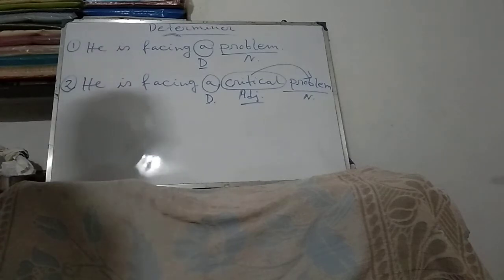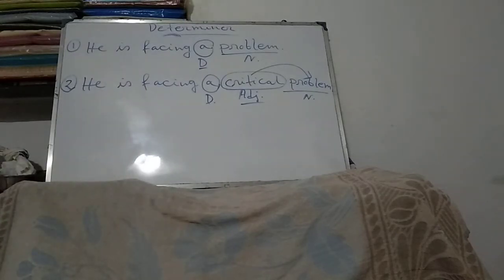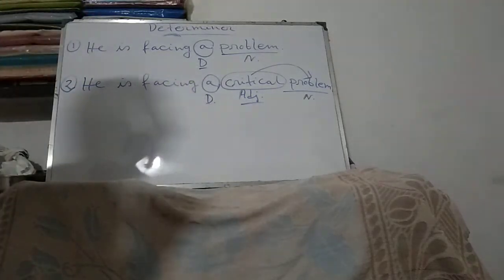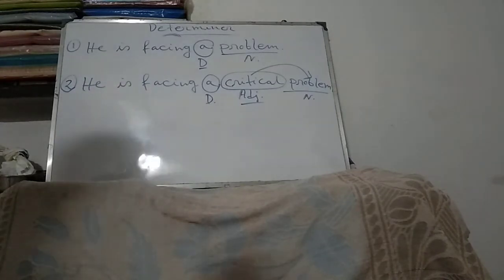or pronoun. But a determiner is not like an adjective. It does not describe any noun. It determines, that means specifies or identifies any noun. That is the main difference between adjective and determiner.